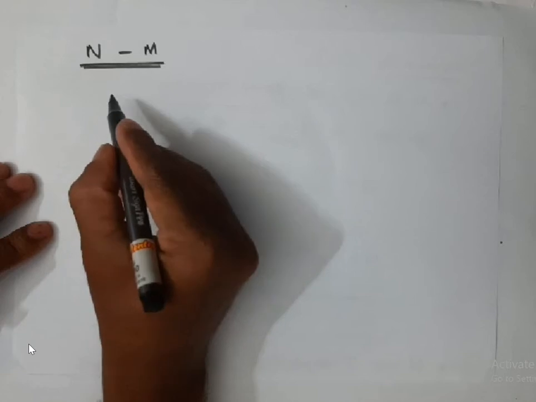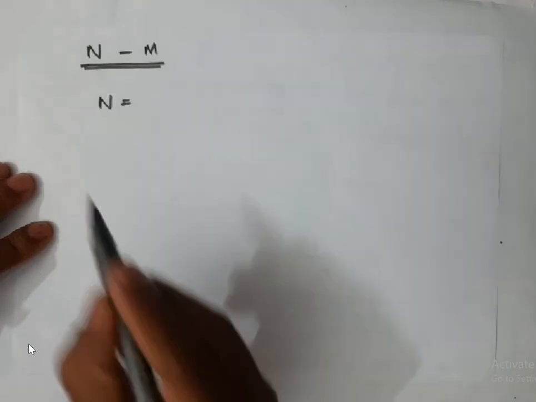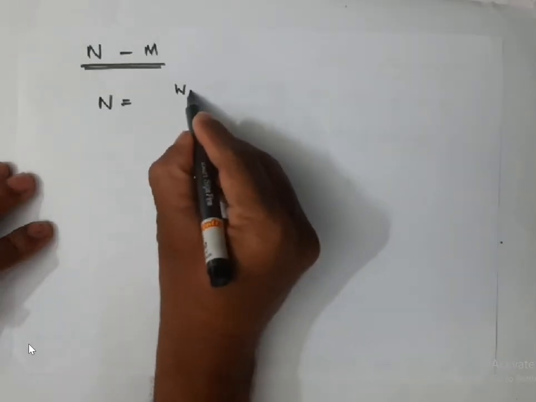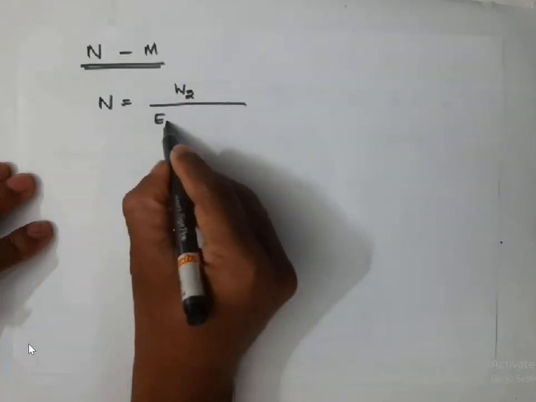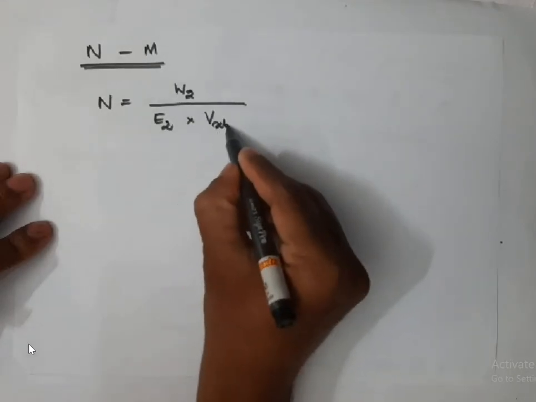You know very well, normality is nothing but mass of solute divided by equivalent mass of solute into volume of the solution in liter.